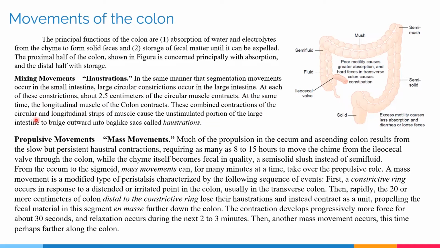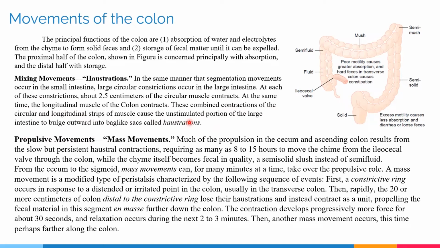At the same time, the longitudinal muscle of the colon contracts. These combined contractions of the circular and the longitudinal strip of muscle cause unstimulated portions of the large intestine to bulge outward into bag-like sacs called haustrations.